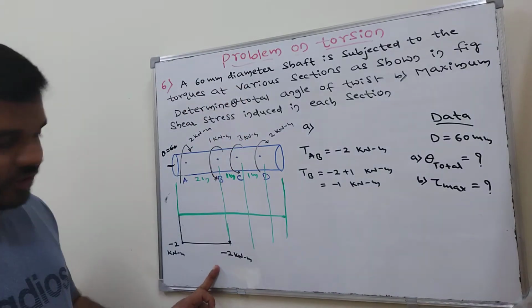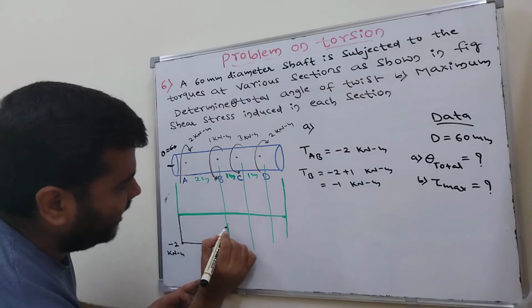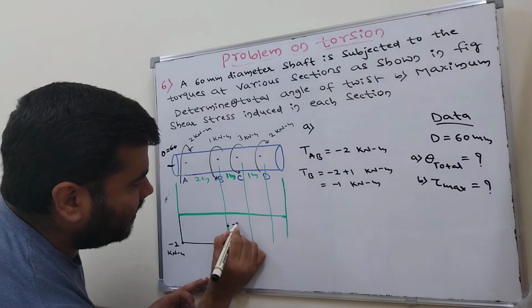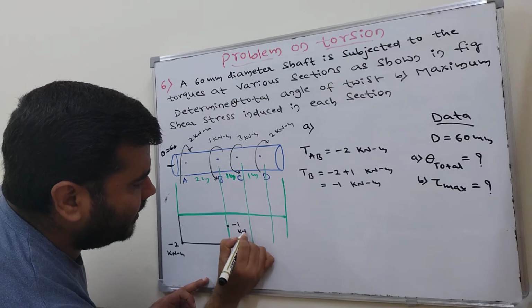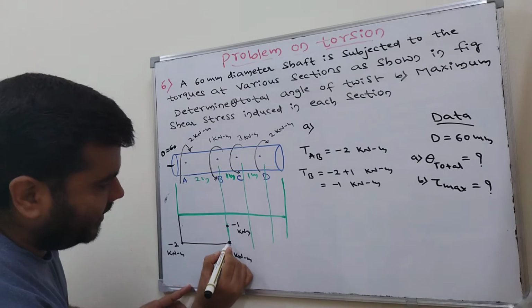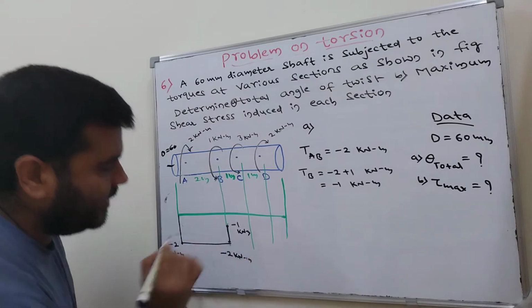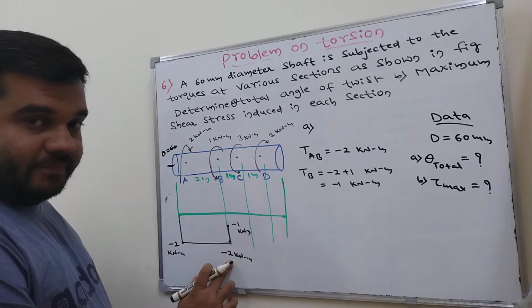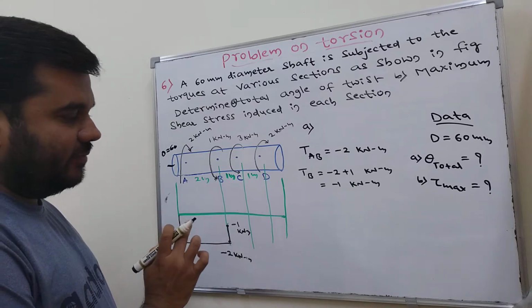So here at B it will be minus 1 kilonewton meter. From here to here it jumps at B. Up to AB it is same. At B it changes.